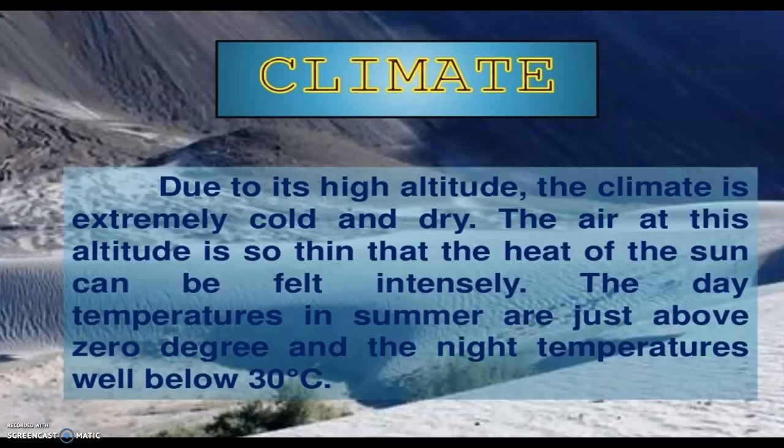As it lies in the rain shadow of the Himalayas, there is little rainfall, as low as 10 centimeters every year. The area experiences freezing winds and burning hot sunlight. You will be surprised to know that if you sit in the sun with your feet in the shade, you may suffer from both sunstroke and frostbite at the same time.